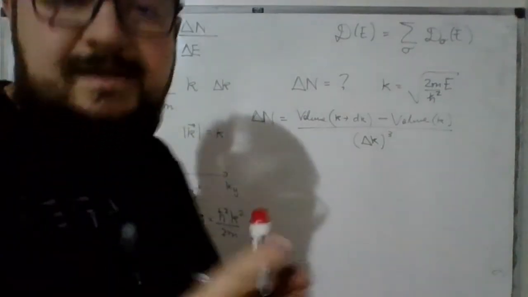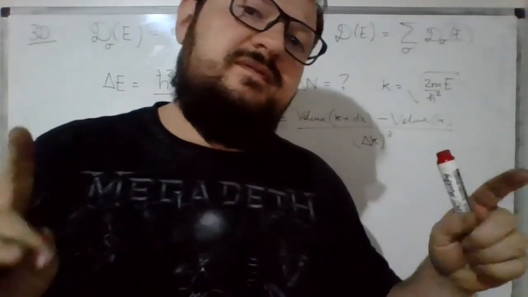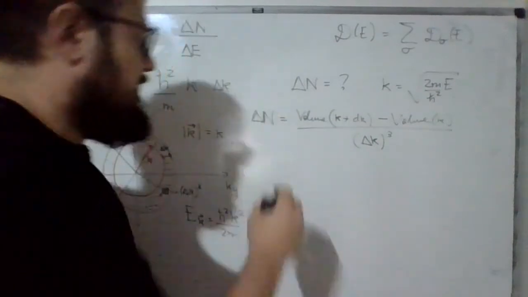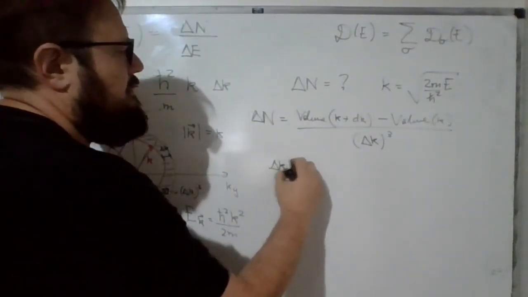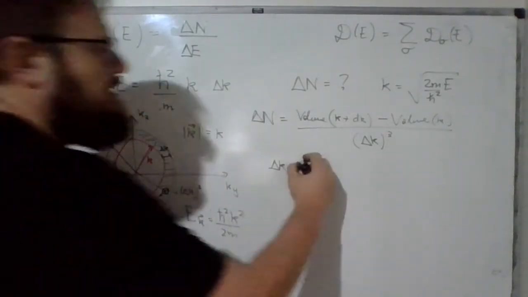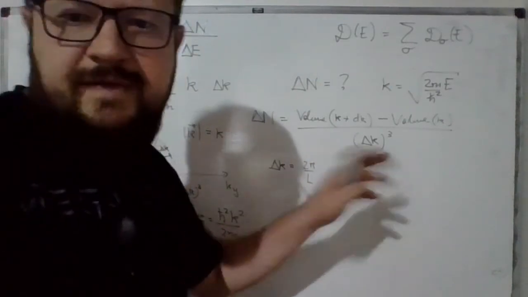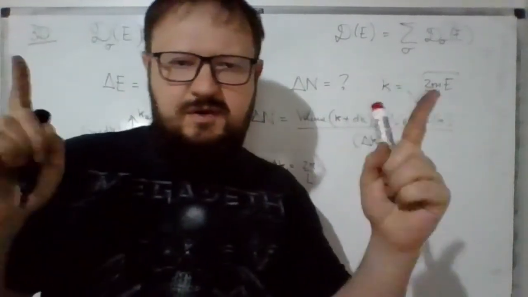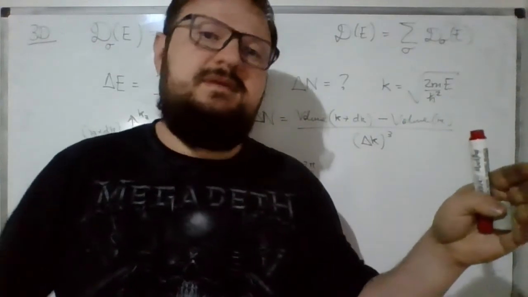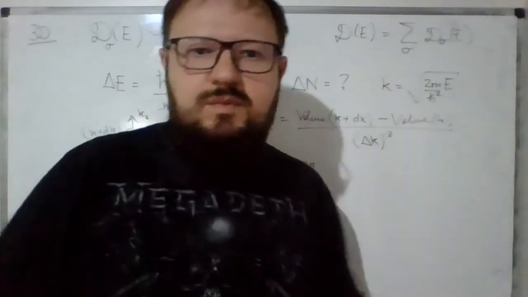But remember, for real space, if I take a sample of a material with lengths L for x, y, and z, the smallest delta k which I can use is 2 pi over L. It is the same as for the case of one dimension, or two dimensions, because it corresponds to the smallest allowed value of k if you provide the boundary conditions and solve the quantum mechanical equations.